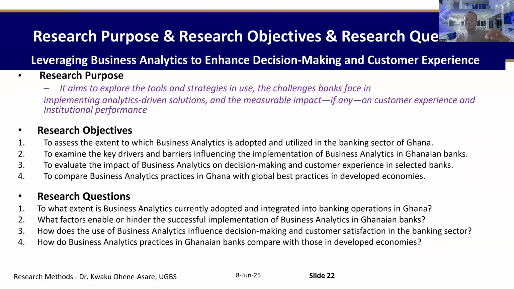So let's go back to the leveraging business analytics topic. You remember the objectives? We stated them. Now you can see that the number of objectives here matches the number of research questions. The number of objectives must always be at least equal to the number of research questions. I want to repeat that, so please take note.